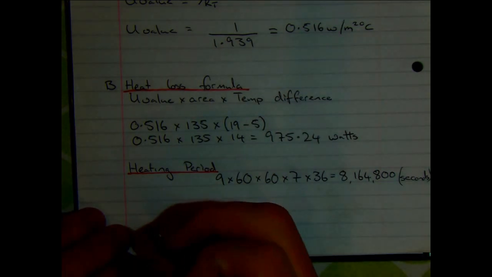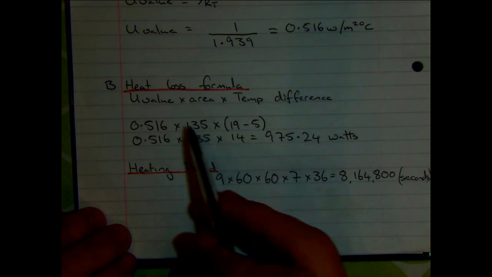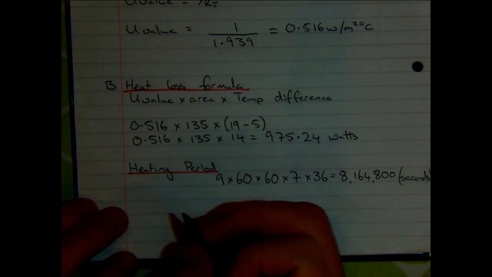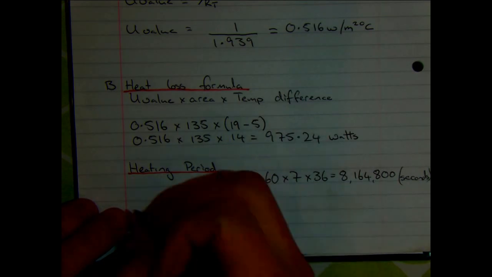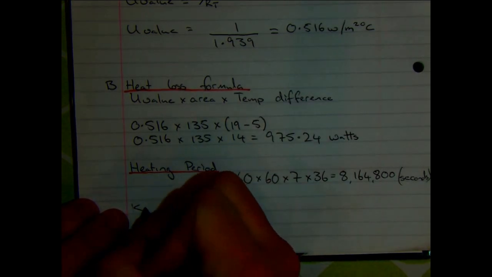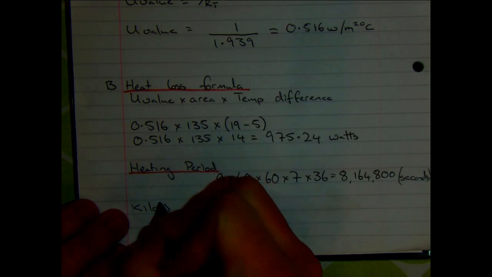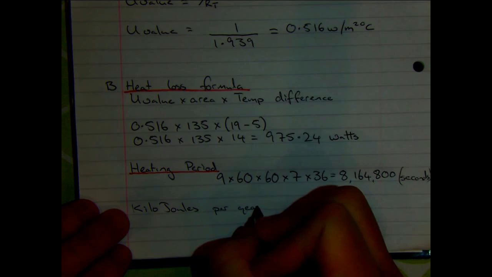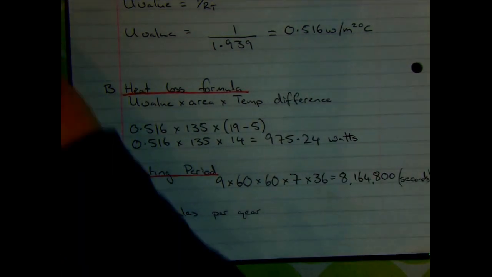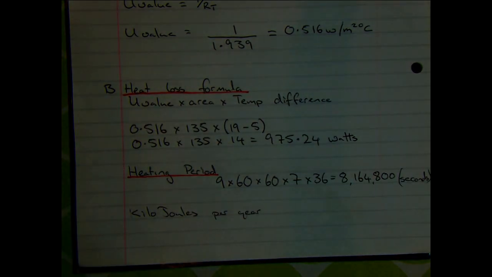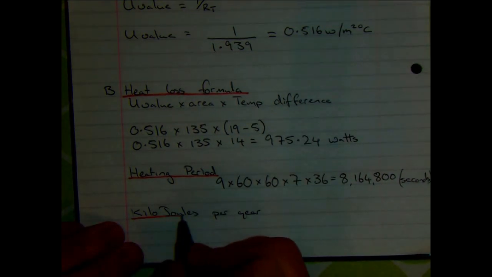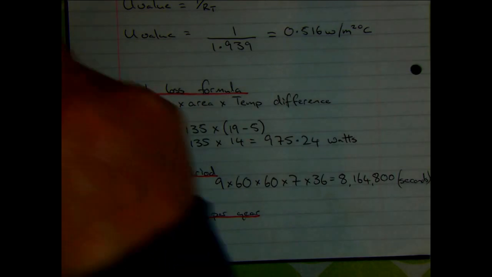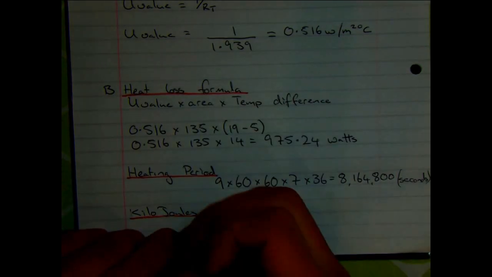Okay, sorry about that. So getting back to this, we have our heat loss, we have our heating period. Next we need to figure out how many kilojoules we're using per year. So to do this, we put the amount of heat loss we have, multiply it by our heating period, and divide it by 1,000.